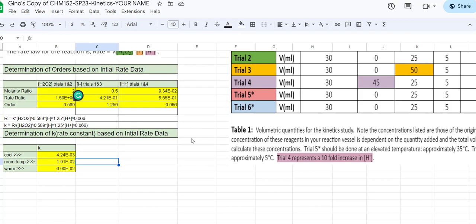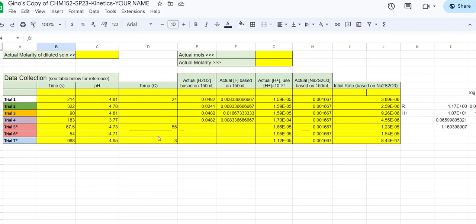So everything here looks just about the same with the exception of this term, which is the concentration of the hydrogen cation. See that? And then this term here, which is the rate. So line 53 is for the cool, line 47 is for the room temperature, and line 51 is for the warm. So let's go up here and take a look.